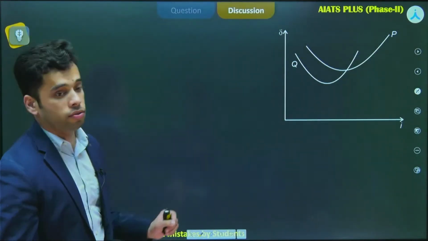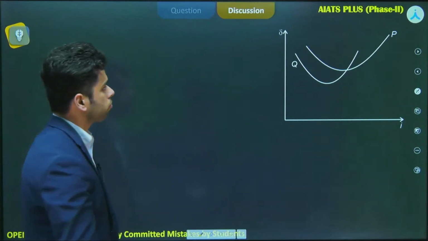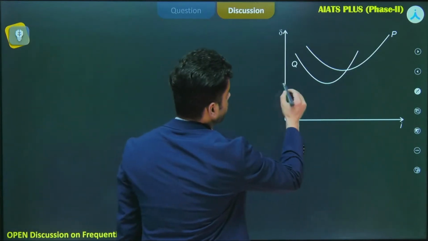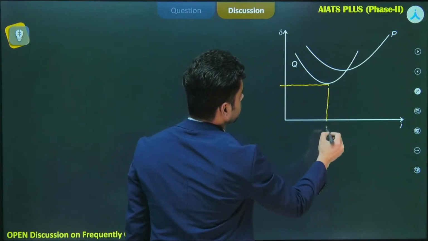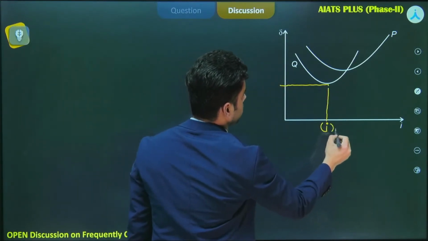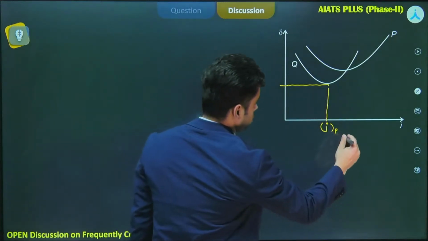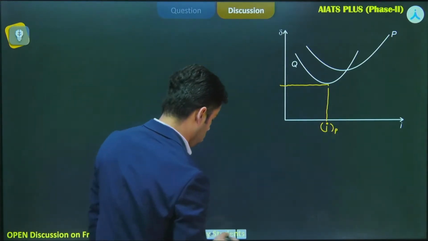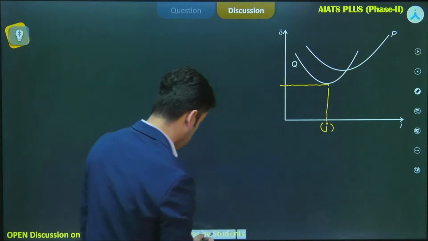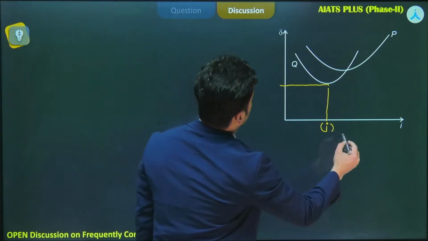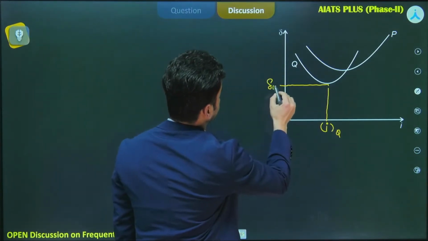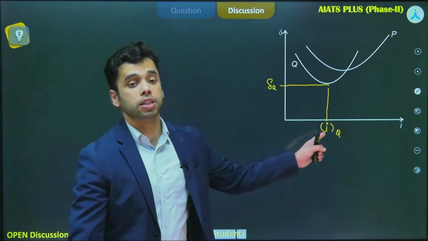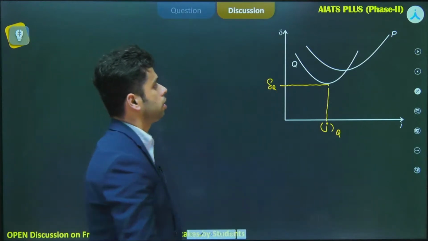So this is the graph right in front of you. If I plot this, see this. This is the angle of incidence. Let me name this as IQ. So this one is IQ and this one is del Q. This one is the angle of incidence for the minimum deviation.